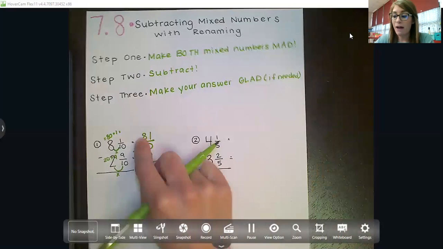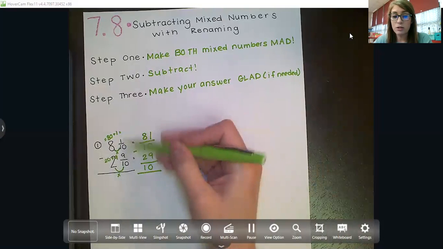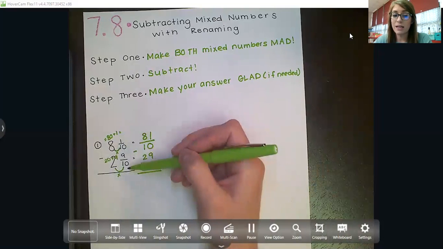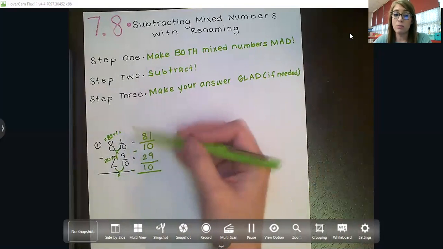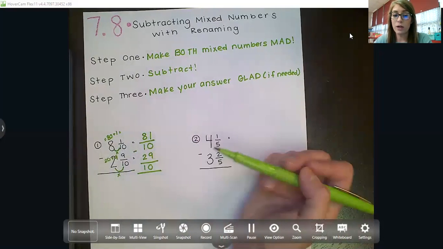So now we just have to subtract. Now we have the larger number on top. See, here we couldn't do this. We can't do 1/10 minus 9/10 because 1 is much smaller than 9. So we can do this, 81 minus 29.